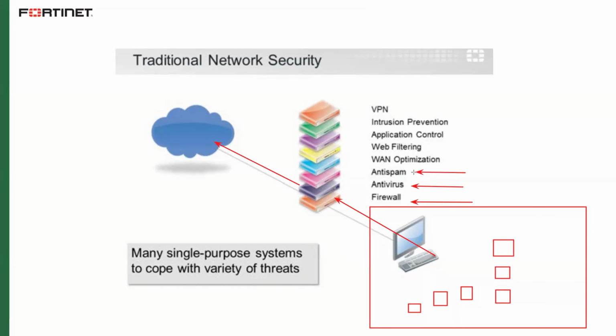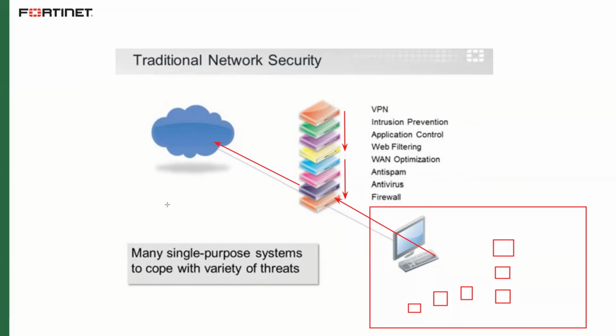We had anti-spam, right? We had WAN optimization. We had web filtering, application filtering, intrusion prevention, VPN. Just imagine how many devices we have in a network. Here we have around 8 devices connected in a network, right?